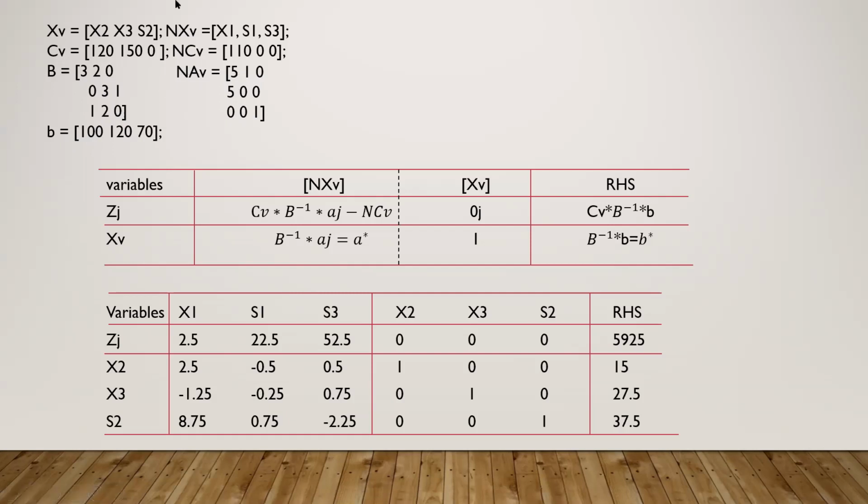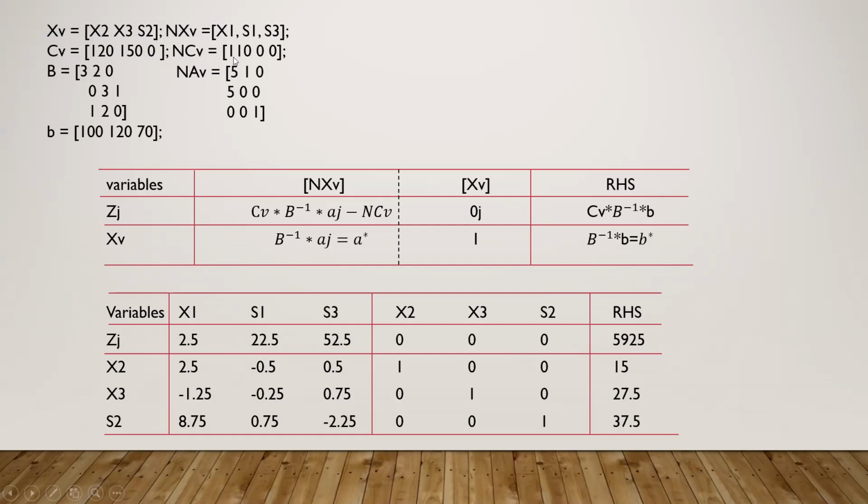So basically, in any iteration, let's forget that we are only solving the sensitivity analysis; you are solving in any iteration from the beginning. So you're going to change XV. In the first iteration, this will be S1, S2, and S3. Then NXV will be X1, X2, and X3. Then you will change CV, so in the first iteration there will be 0, 0, 0.